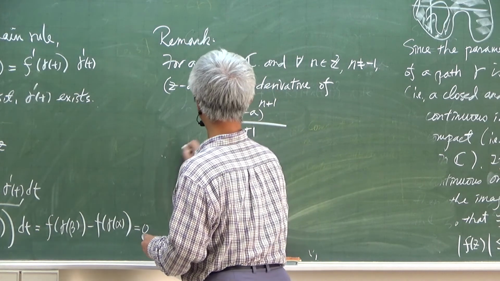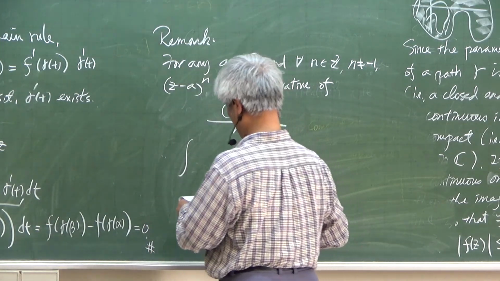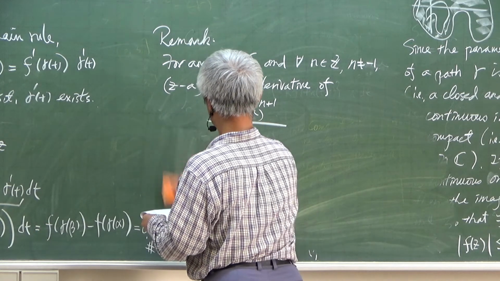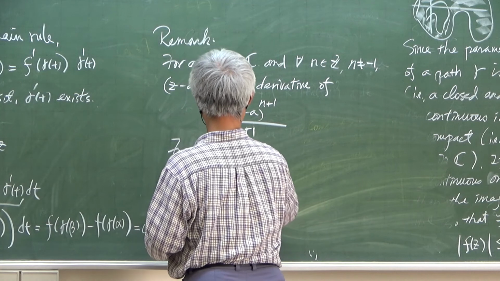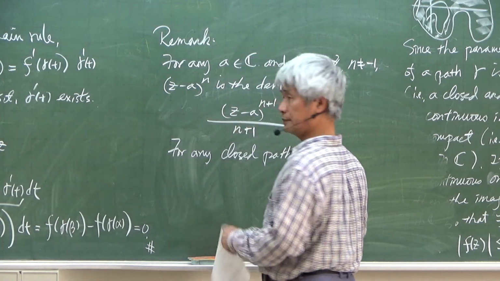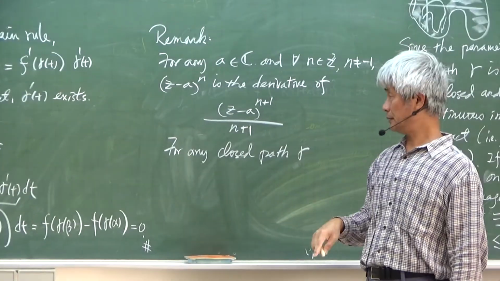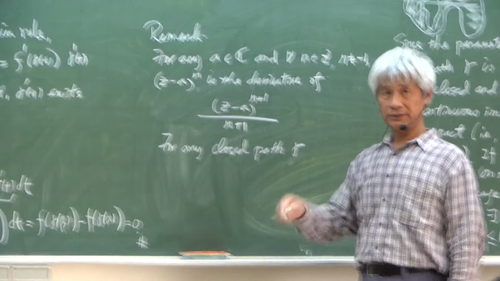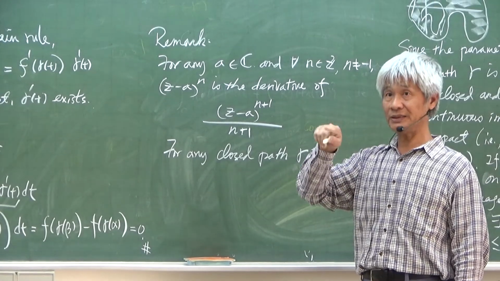Okay, so this holds for any closed path gamma, not only the positively oriented circle with center a and radius rho.